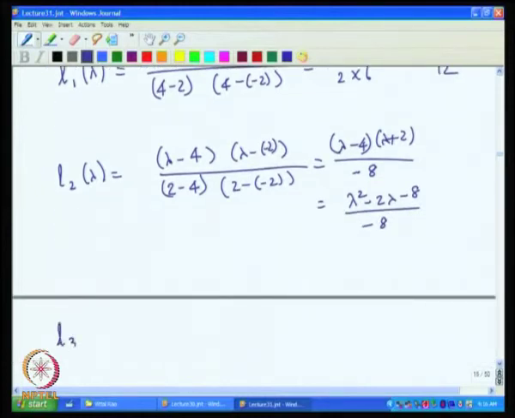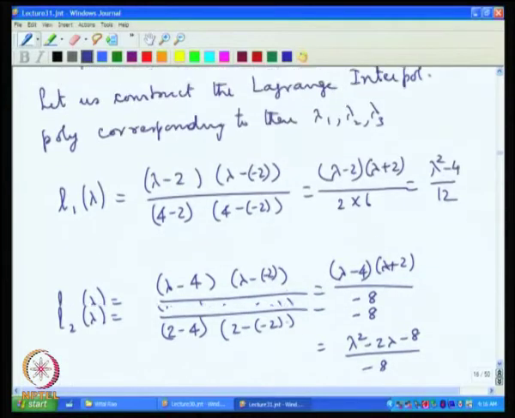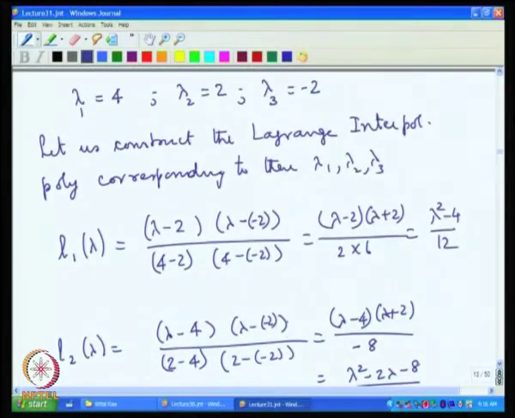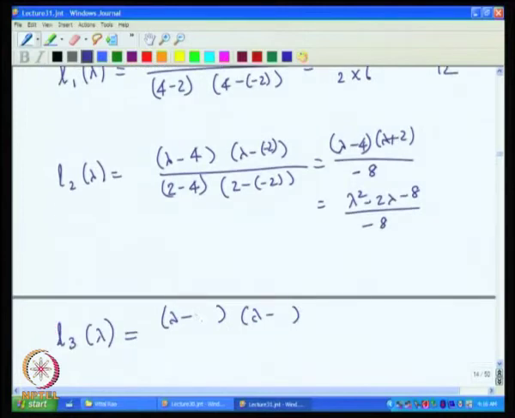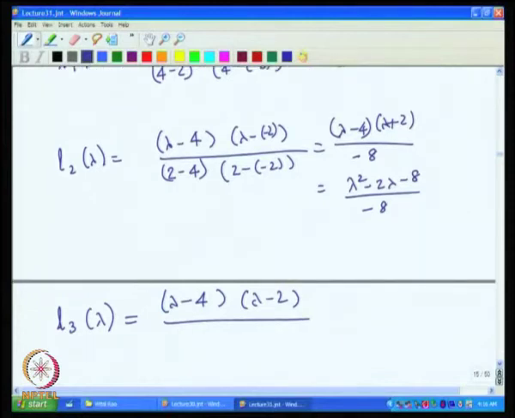The third Lagrange interpolation polynomial is again you write lambda minus, and skip the third eigenvalue. So you put the first one, 4, and 2, and then in the denominator replace the lambda by the third eigenvalue, which is minus 2.